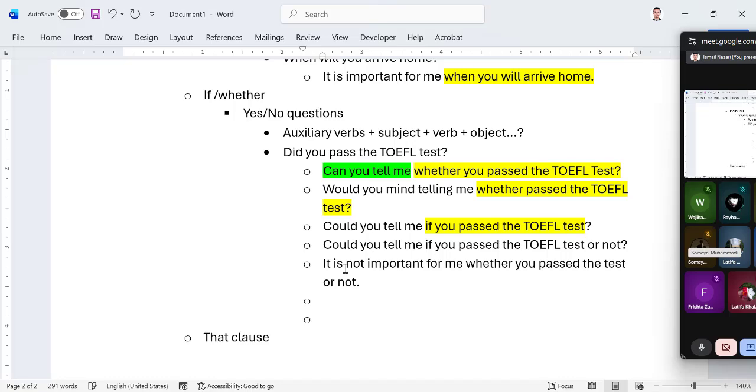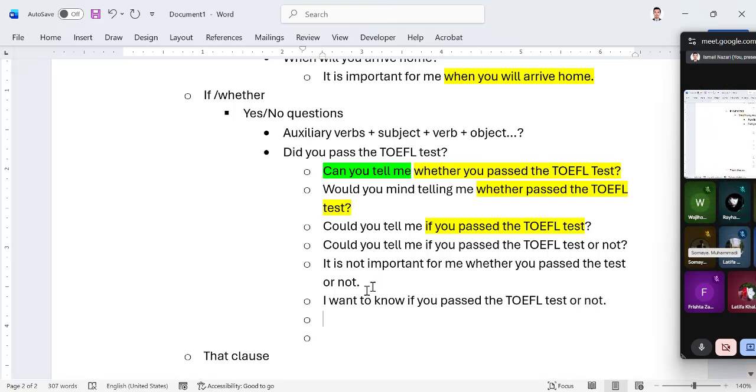It's okay. Or I want to know if you passed the TOEFL test or not. So that's completely all right. Here again, it is indirectly asking. It doesn't have the question format. The structure is positive, so we can have that one.